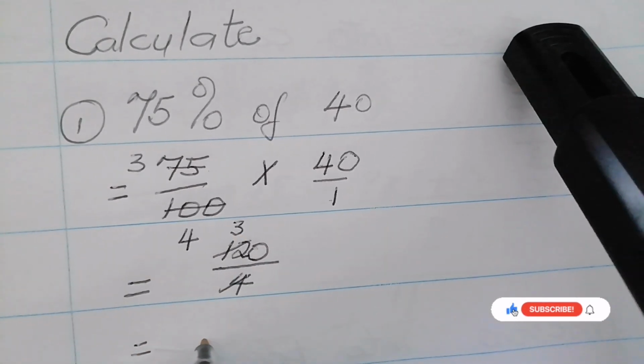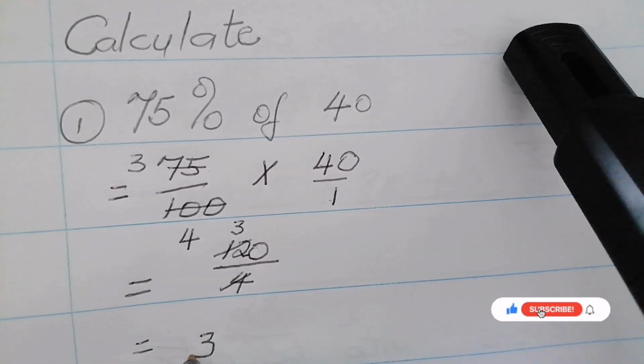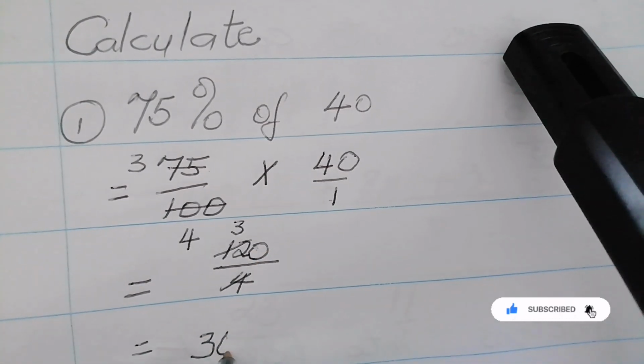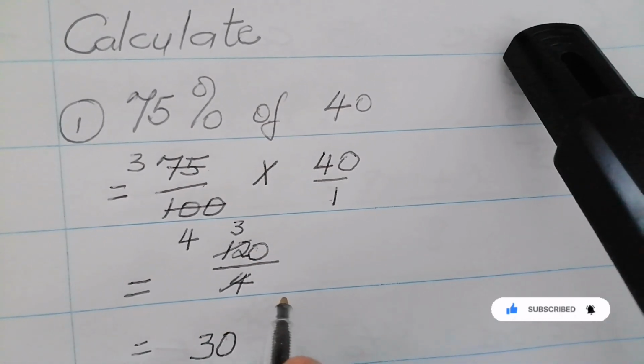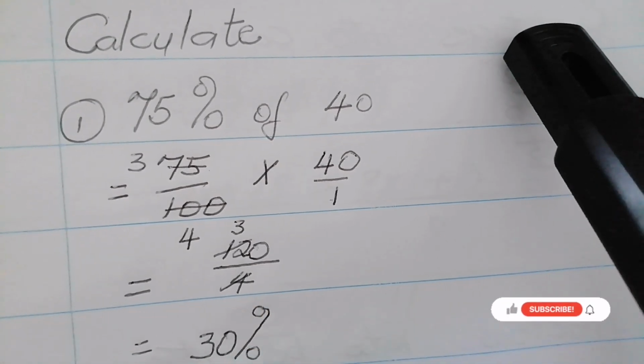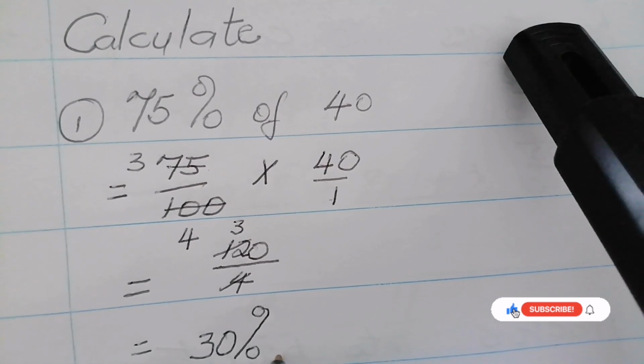So we say 3, and we take down that 0 next to 3, and then we've got our answer, which is 30%. That is our answer.